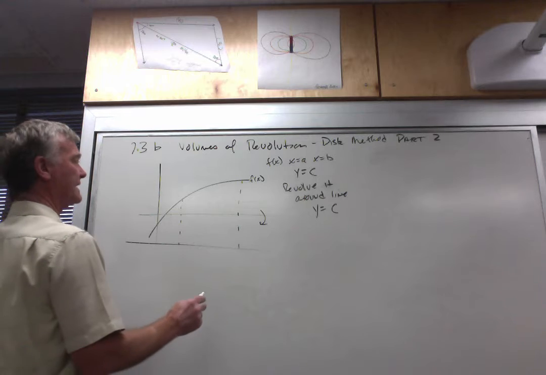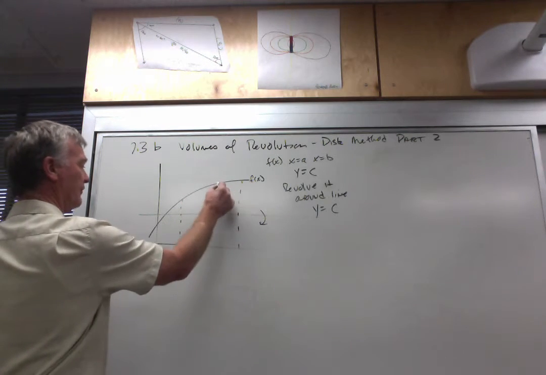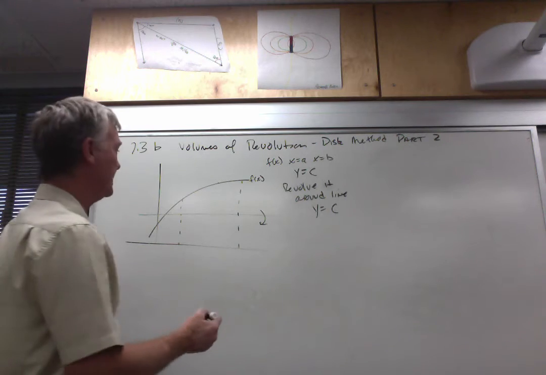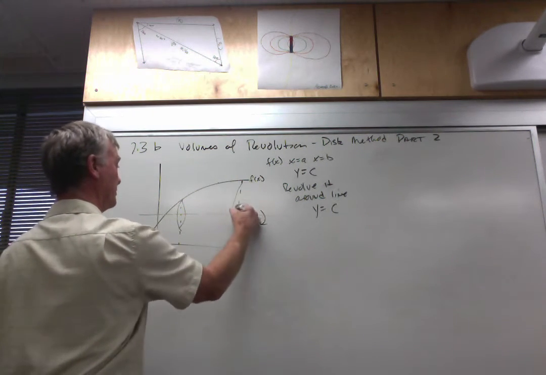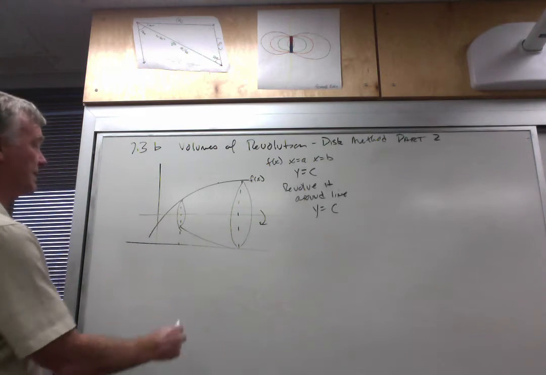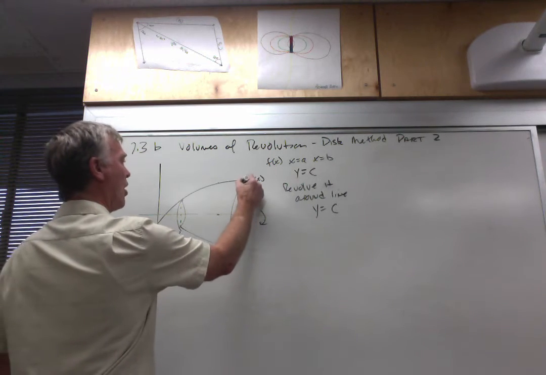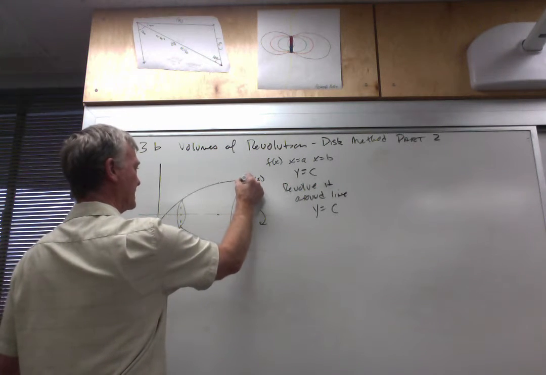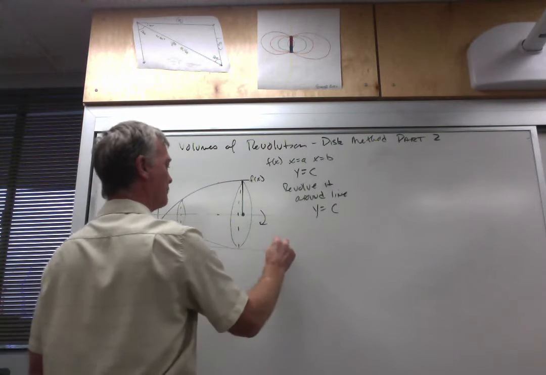Before, we just took f of x and went right down to the x-axis. But here, if you think about what's happening, we're making this little shape right here, and we're simply revolving it around that line. So what I always need to do, as we started last time, is figure out what that radius would be.